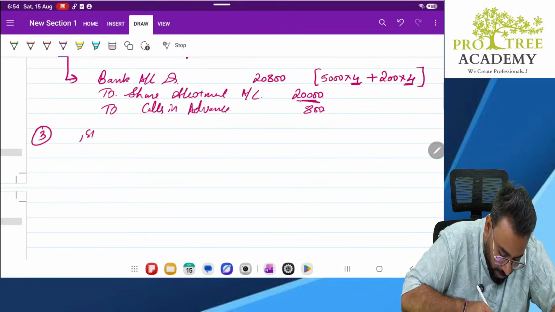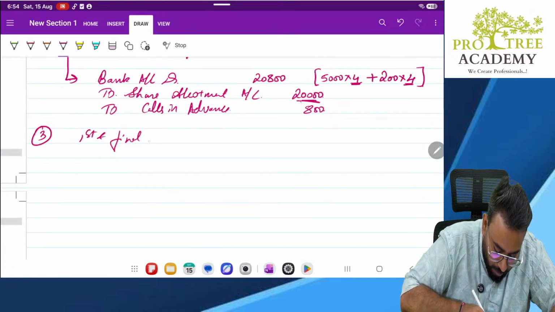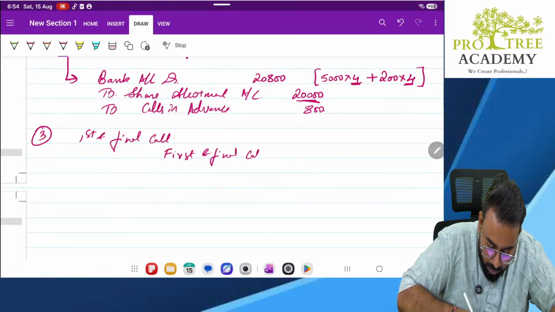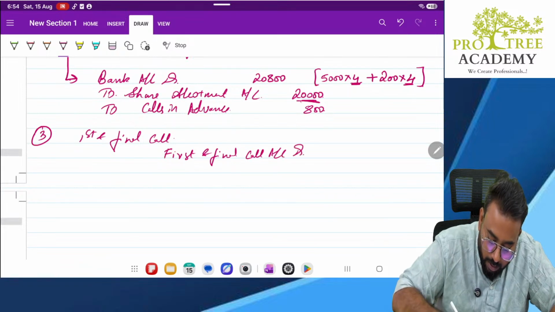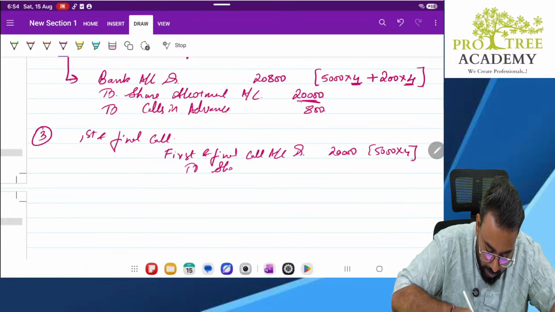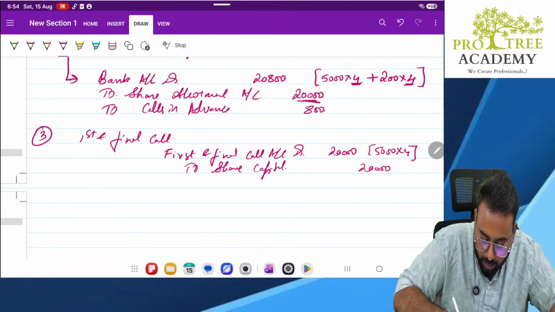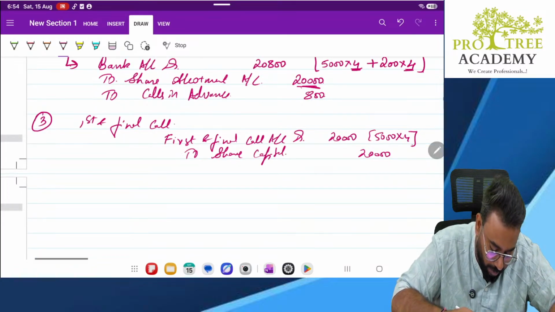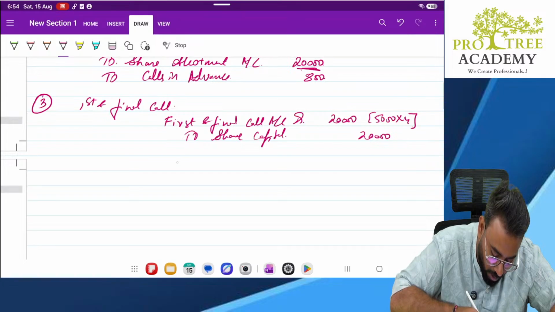Next, what happens, sir? Next, first and final call. What is the entry? Sir, first and final call account debit, 5,000 shares at 4 per share, 20,000 to share capital 20,000. Use the word equity; I have not used it, but we should use equity or preference, whatever is applicable. Okay? Yes, sir. Now we have to receive money in the bank. Yes, sir.